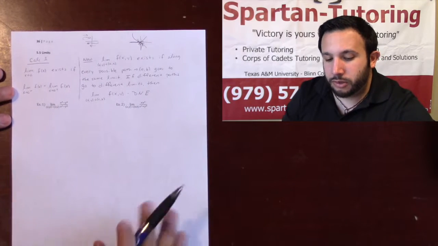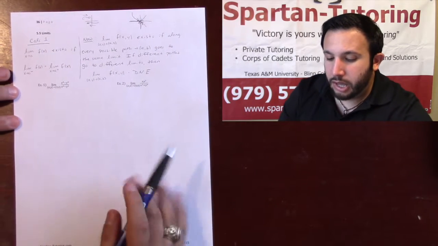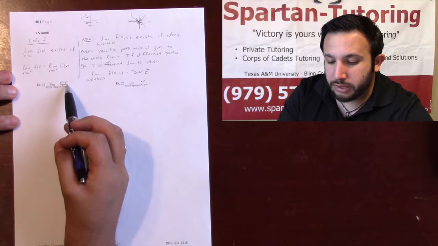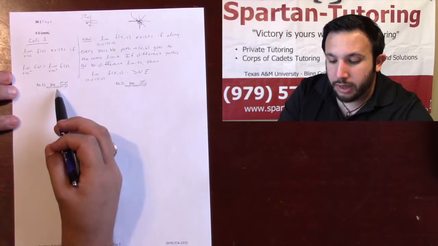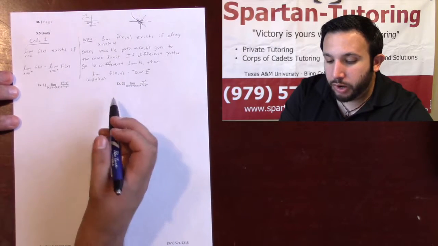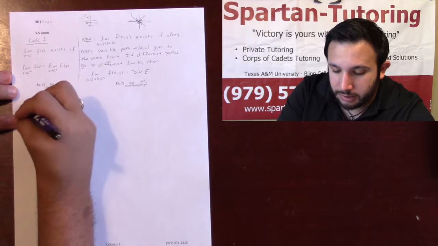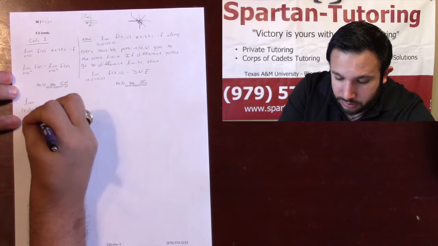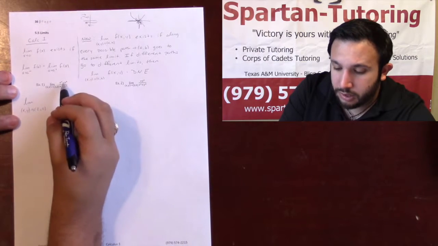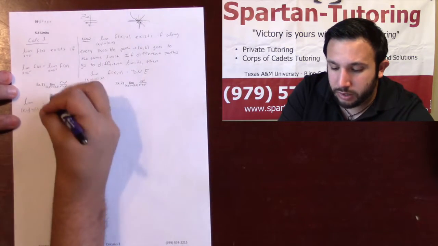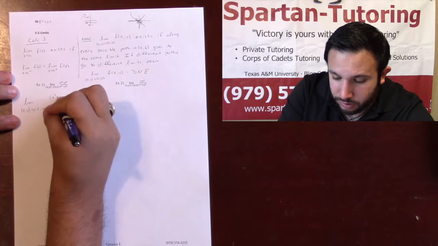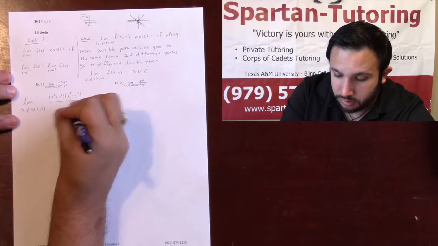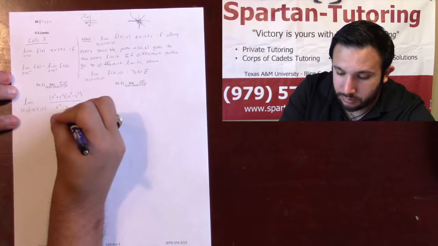So let's take a look at number 1. For number 1, I'm going to do the limit as (x, y) approaches (2, 2) of (x to the 4th minus y to the 4th) over (x squared minus y squared). Well, I can actually factor the top. I can factor x to the 4th minus y to the 4th as (x squared plus y squared) times (x squared minus y squared), all over x squared minus y squared.